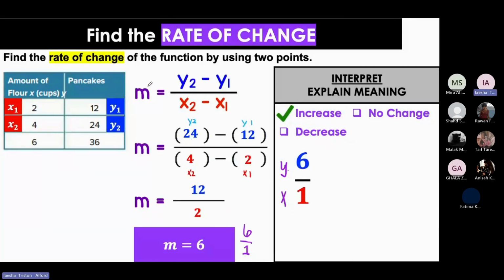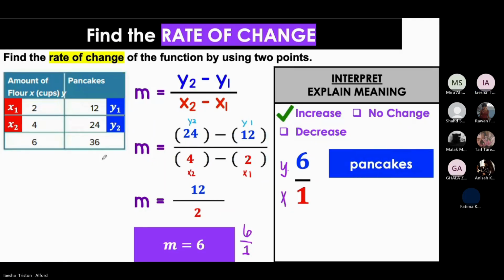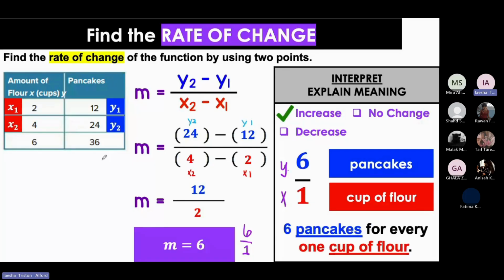So in this table, the word for y is pancakes. And the word for x is the cups of flour. To say the meaning, it means 6 pancakes for every 1 cup of flour. So this is the question.